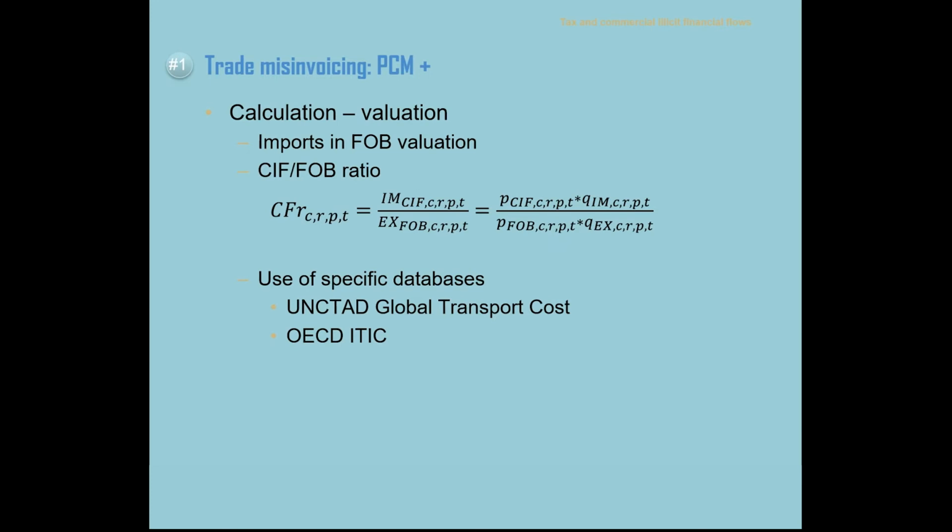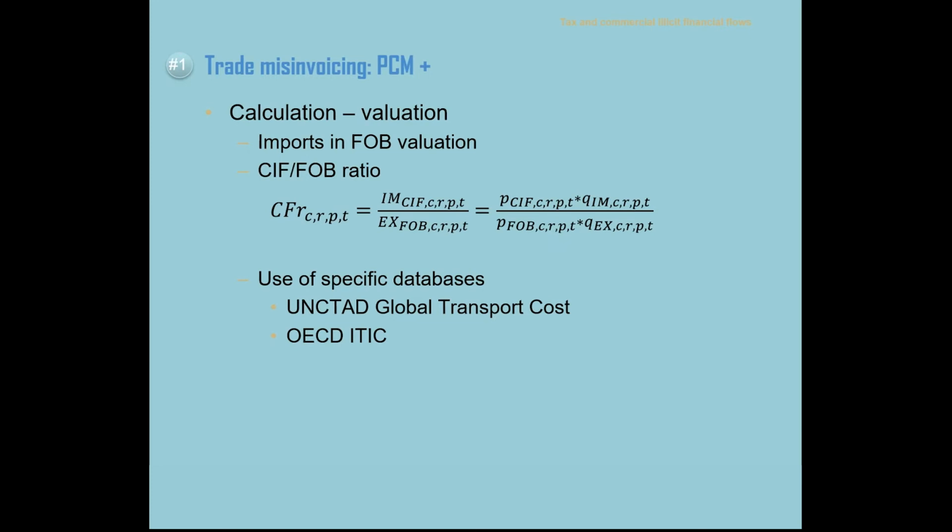Usually, the imports would be using the CIF valuation and the exports would be using the FOB, and those differences need to be accounted for. In some cases, countries are also reporting their imports in the FOB valuation.